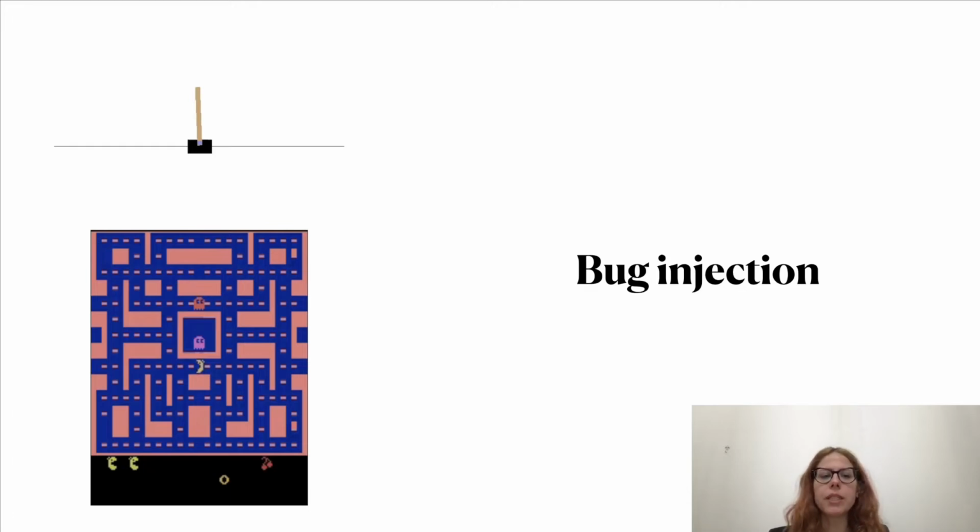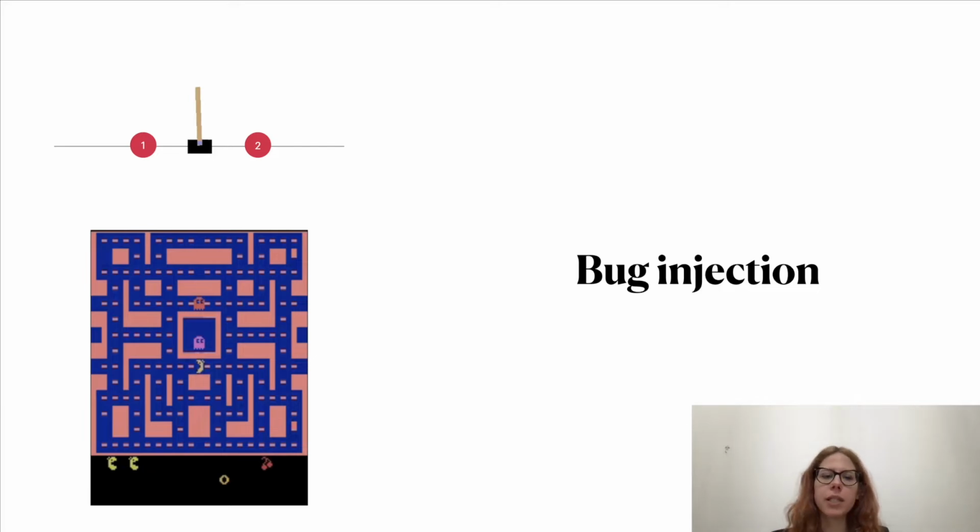For CartPole, since the agent can just move to the right or to the left, what we did was to inject two bugs, one on the left and one on the right, based on the position of the cart. What does it mean? It means that when the cart is in the same position as the first bug on the left, for example, the reward function receives information of a low FPS point.